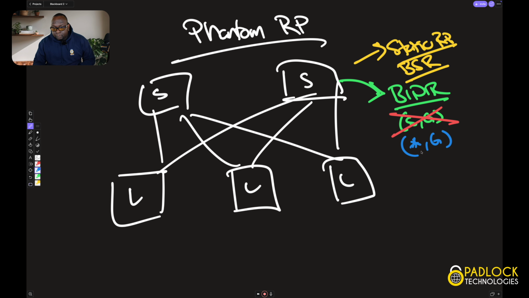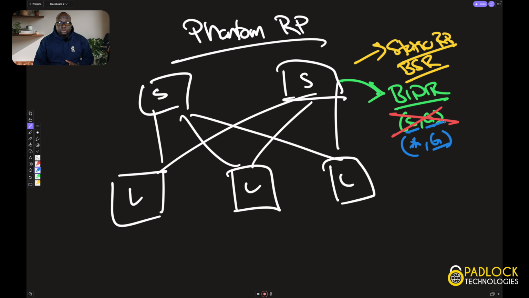So this means, if you know anything about multicast, and I think I did a multicast video about this as well, the star comma G means any source going to a group, a multicast group. An S comma G is a specific source sending traffic to a specific group. Now, the key difference here is when you do anything that's not BIDIR, traffic can only move down the tree, it cannot move up the tree.